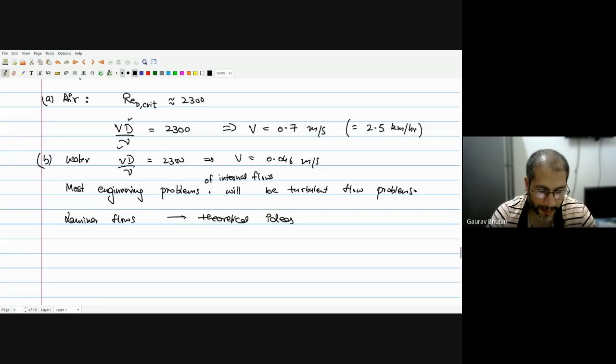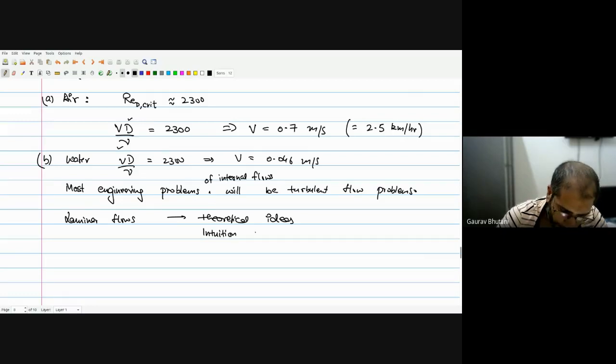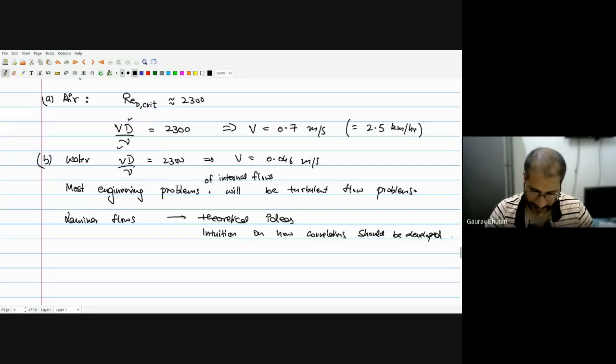So the intuition on how correlations should be developed is still coming from these theoretical ideas. Okay, it does help us. These theoretical discussions will help us understand the intuition behind developing correlations.